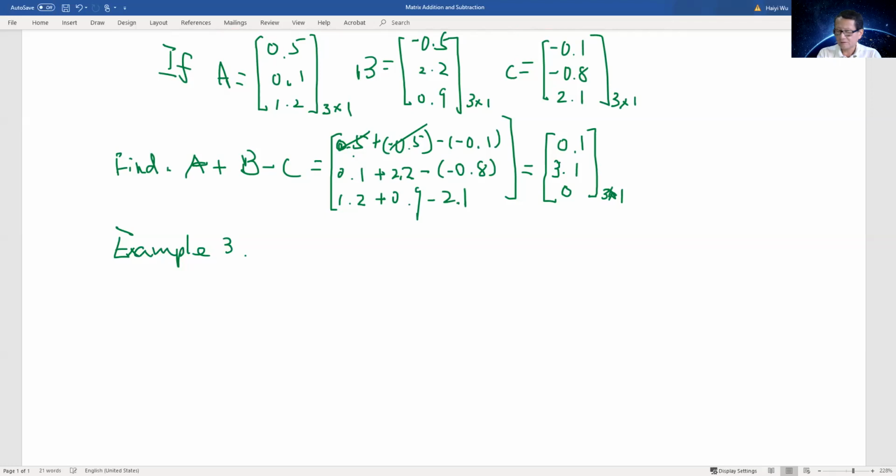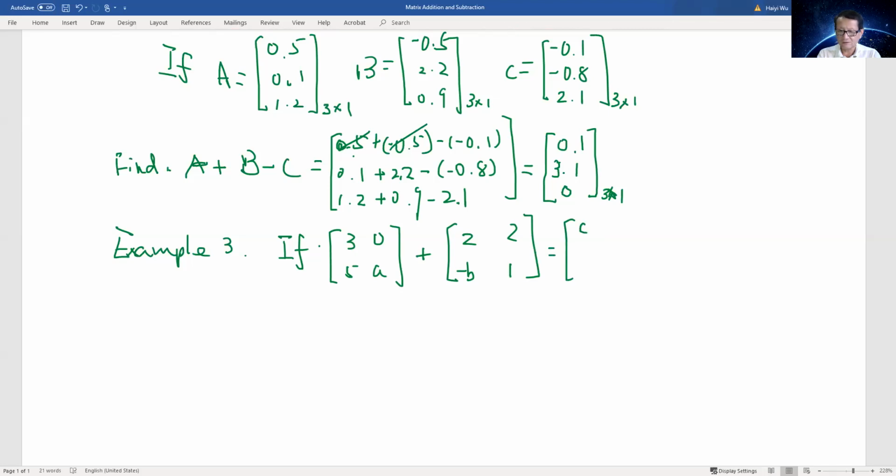Example 3. Say we have a matrix 3, 0, 5, and A, with a letter, not a number, plus another matrix 2, 2, negative B, 1, equal to a third matrix C, 2, 3, and negative 4.